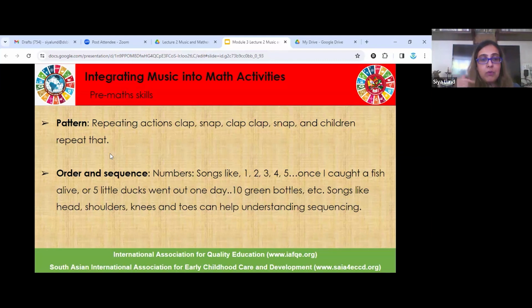So that's how the children even remember the sequence of the words and the order of the song. So I think music and rhymes are a phenomenal way to get maths onto their plate in very, very early years. So yeah, it's magical.